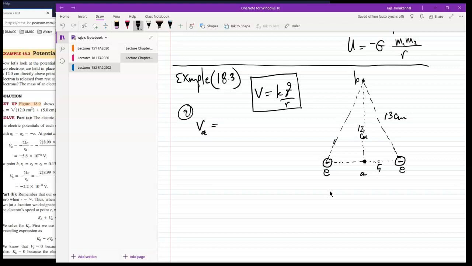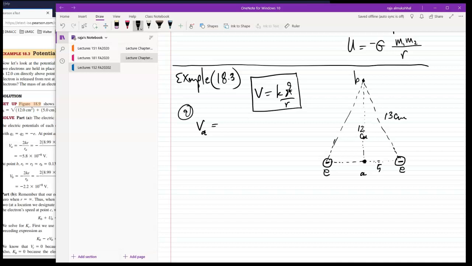Remember when we covered electric field and Coulomb's law, I told you never to put the sign of the charge into the equation because it's a vector equation, and it would change the direction. But for a scalar formula, such as voltage and potential energy, U and V, you do put the sign of the charge. If the charge is negative, you put that negative sign. If it's positive, well, it's positive. So you add them up together.